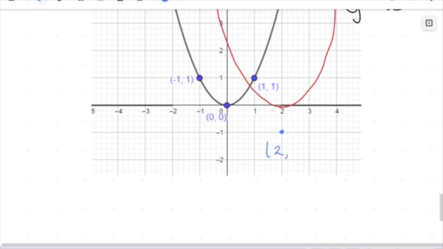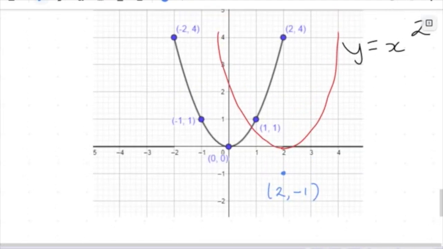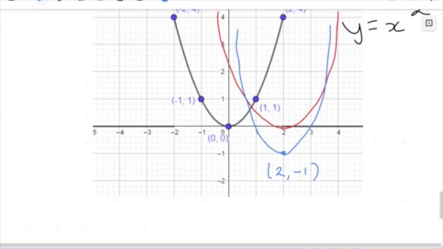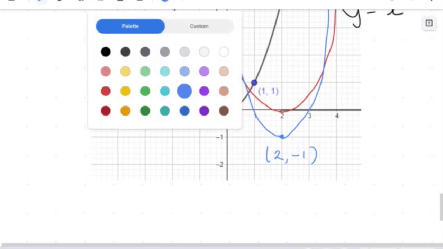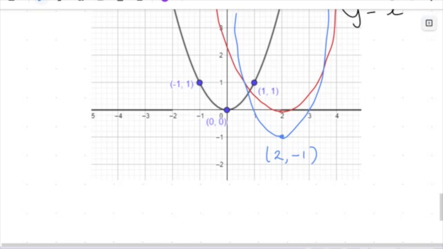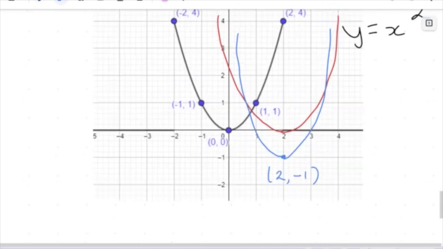So I'm going to get 2 and -1. And now I can just draw roughly what that's going to look like. So this is my translation here. I can see I'm just translating from the vertex. That's the easiest point, but all of these points are actually moving here.